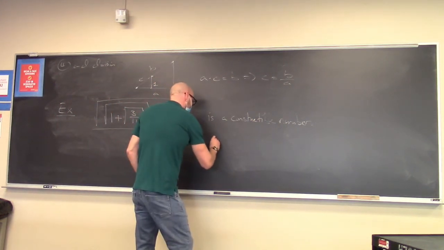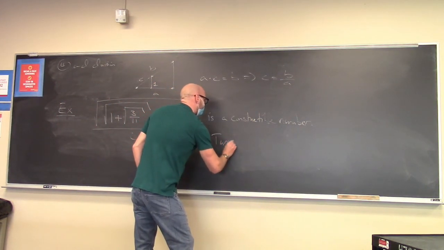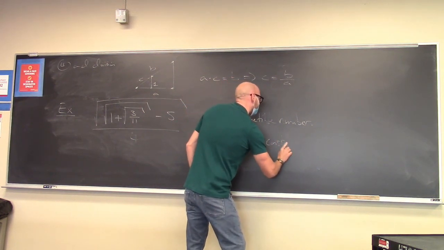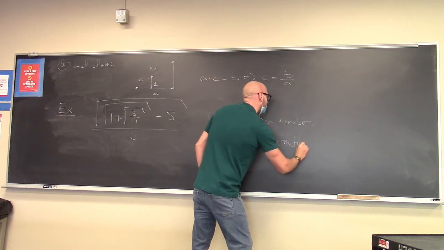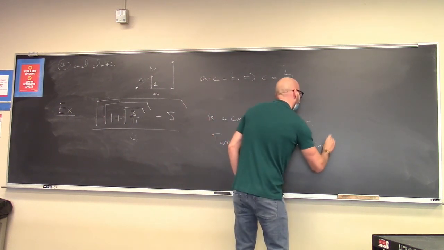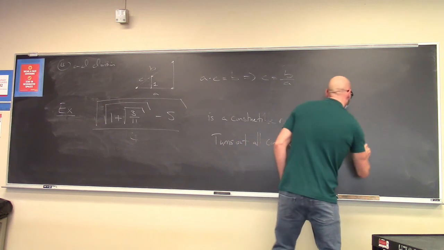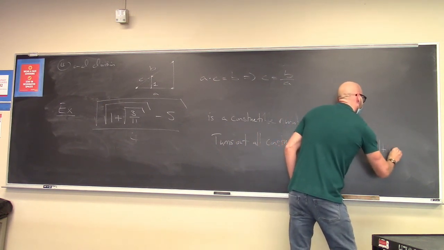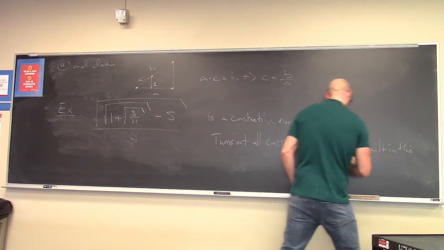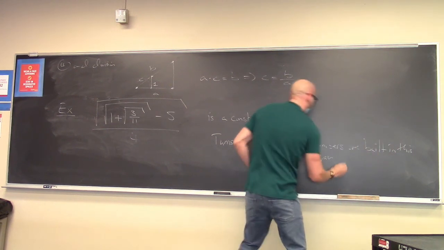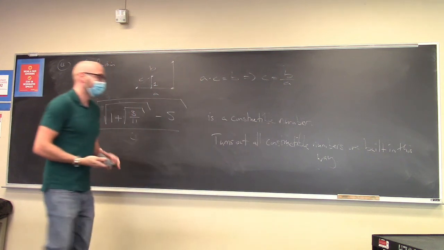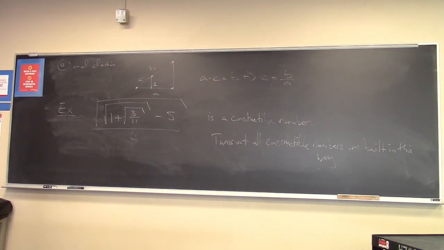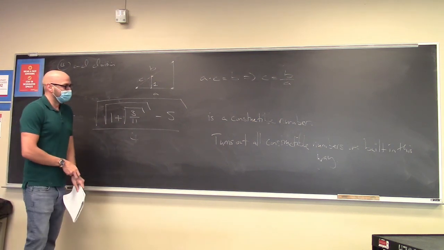So, it turns out all constructible numbers are built in this way. I'm not being very precise here. I'm not writing down exactly what the set is. We're not going to prove it. But it turns out this is how you build all constructible numbers.